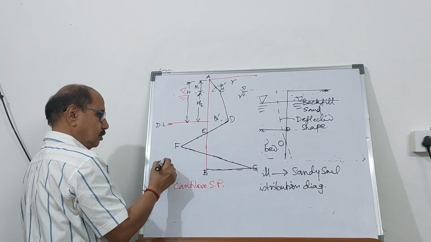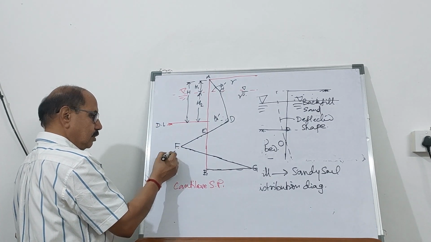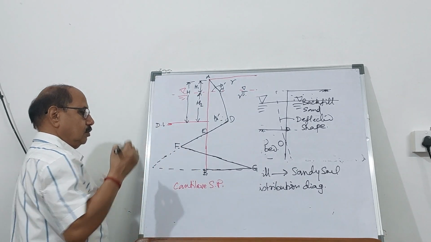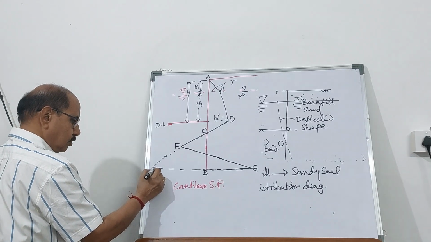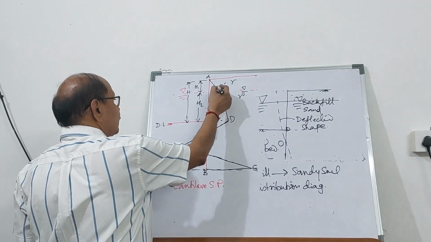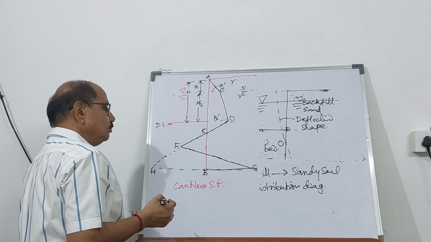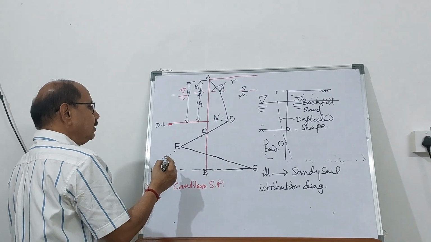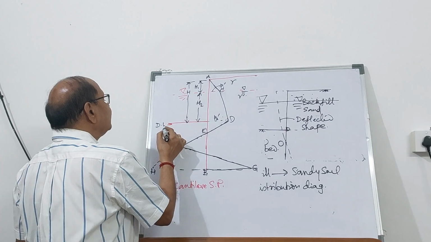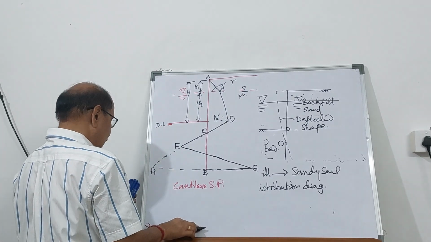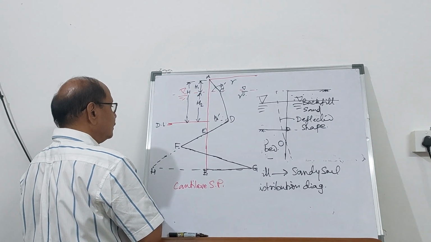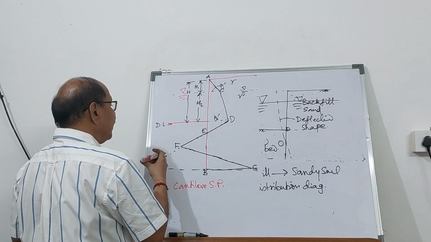It's like this. If you extend it, I may call this H. So here it is P1, P2 prime, right? And from the dredge line up to the bottom, I may call this distance D. D is the depth of embedment.